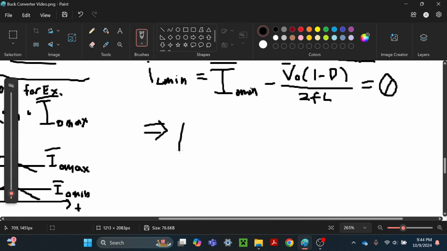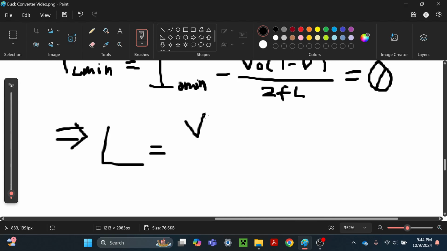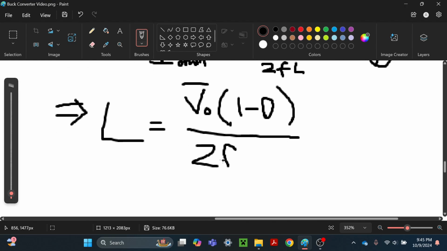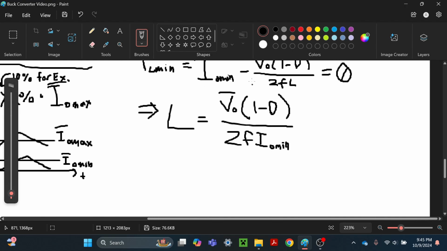Just doing some algebra, we get L is equal to V out average times 1 minus D over 2F I out min. And that's how we select the capacitor, or the inductor, excuse me.